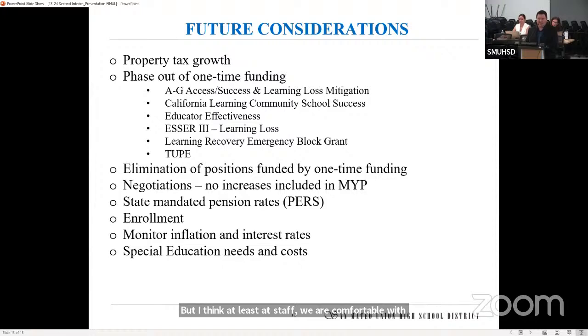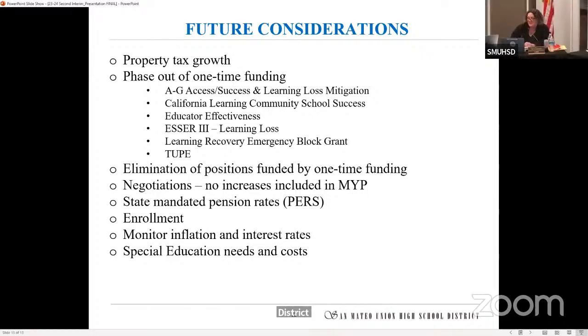But we're not necessarily looking to dip into that unless it's for a critical need that's in line with our district's priorities. Right. Well, I bring that up because 6.1% seems higher than we had forecasted, and you're saying that it's trending a little higher than we forecasted. So that's good news.